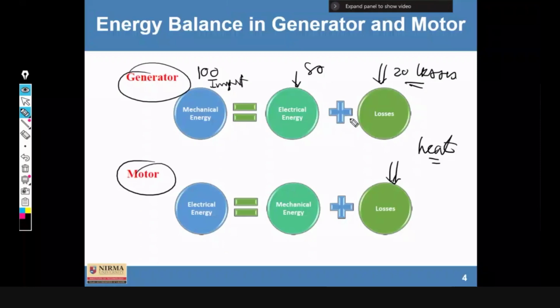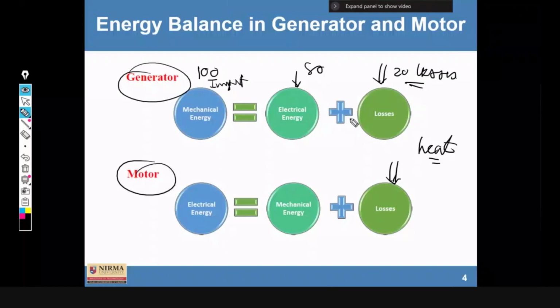Clear? So these losses may be in the form of heat, known as I square R losses. You have heard about these I square R losses. Fine. This is a power loss in the form of heat with respect to time, I square RT. Clear? So this is the energy balance in a generator and motor.